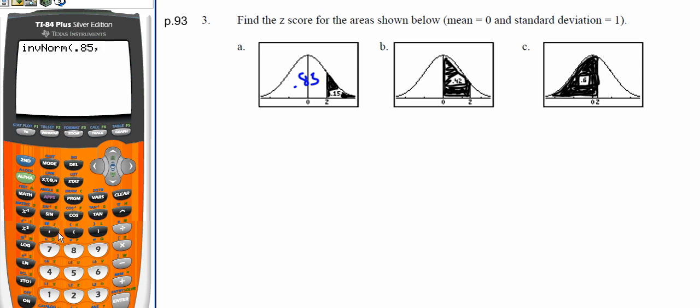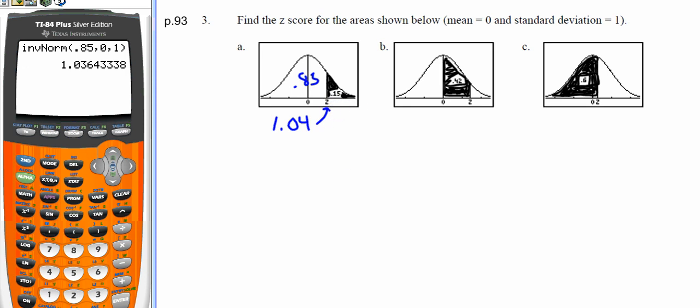Then a comma. Now we need 2 more things, but these 2 things are relatively easy because they're given to us. 0, 1. And if I type that in, I get that this z value must be at about 1.04, which seems to fit on the scale. It's about what we guessed at the start.